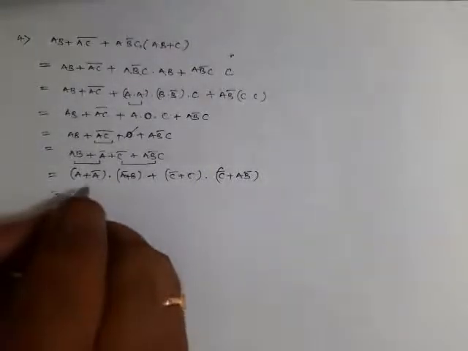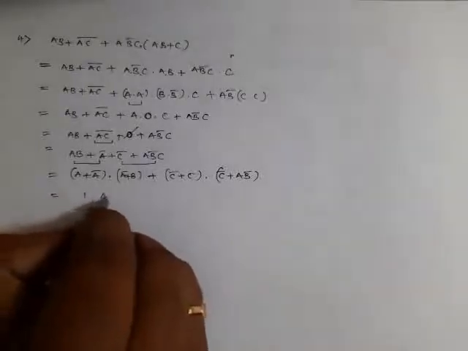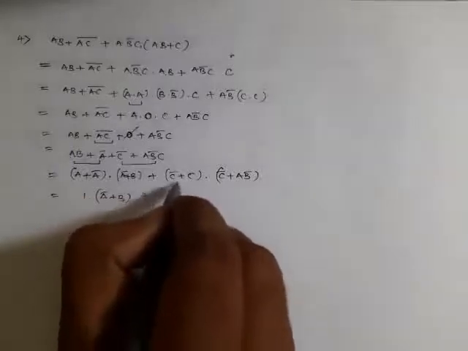And this can be written as A plus A bar equals 1, dot A bar plus B plus C bar.